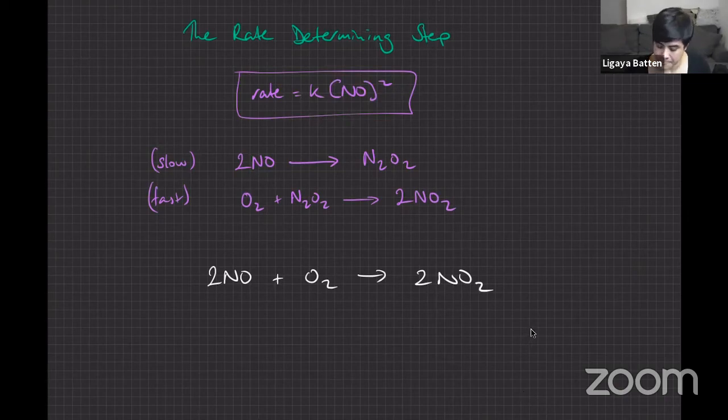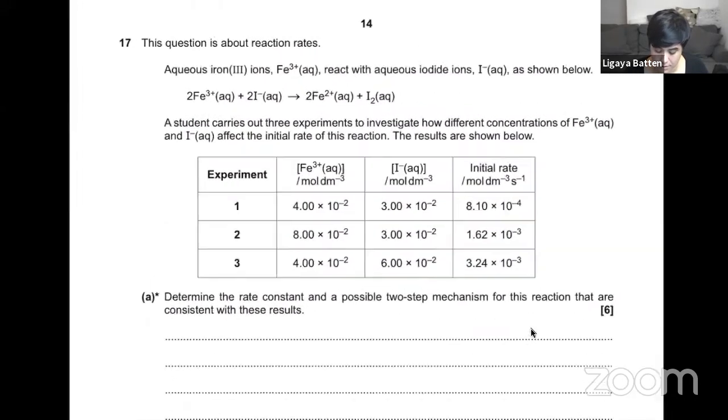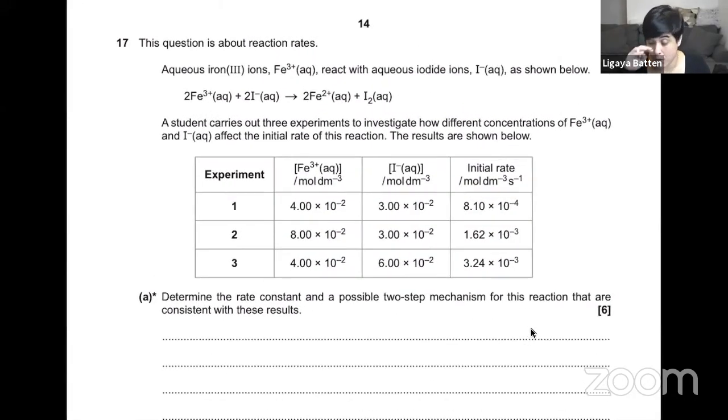Okay, so we've gone through all the theory stuff now, and we're just going to spend a few minutes looking at a practice question. So this is from the OCR A paper 1 in 2018. The question is about rates.